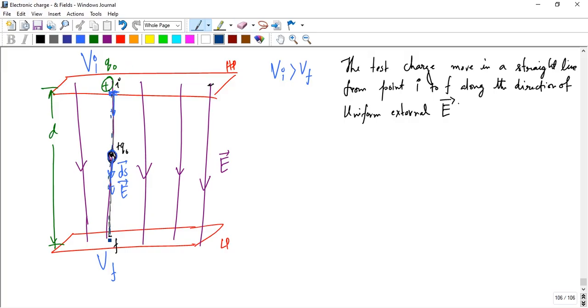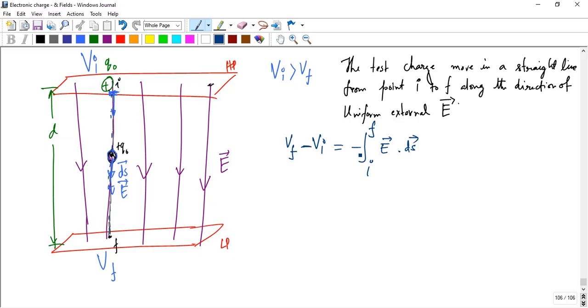Now calculate the potential difference: final potential minus initial potential, which equals the work done by the test charge. That is minus the integral from I to F of E dot ds.